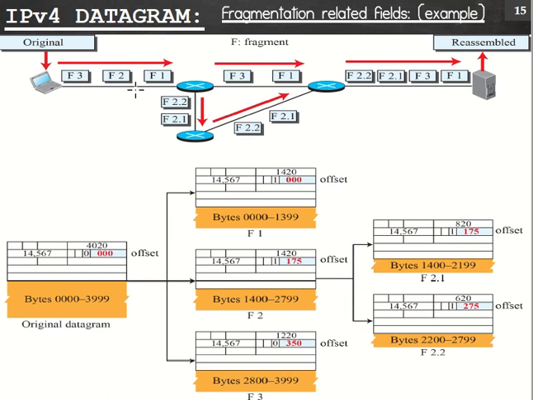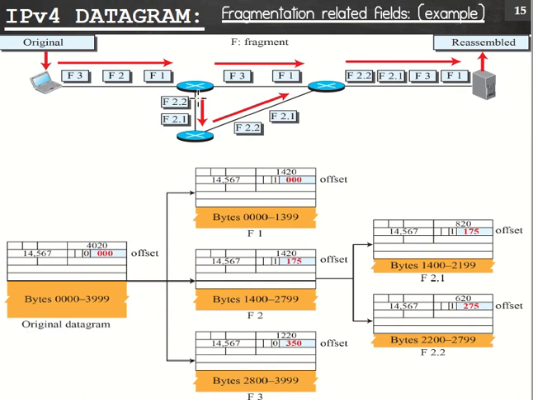So there are multiple paths from the source to the destination, and they can go in this particular path or they might take this other path. Since it is connectionless, you can see here fragments f1 and f3 will move in this particular path, whereas f2 is going to take a different path.